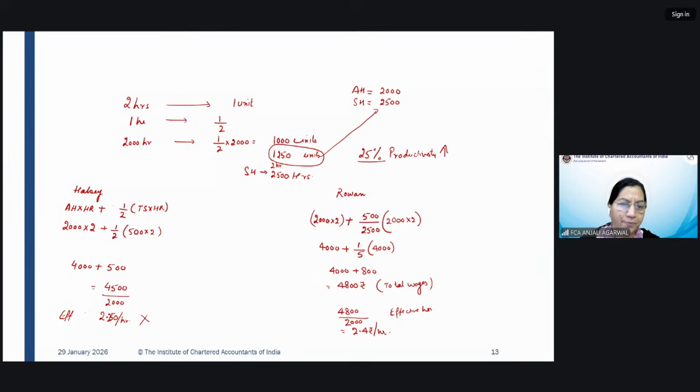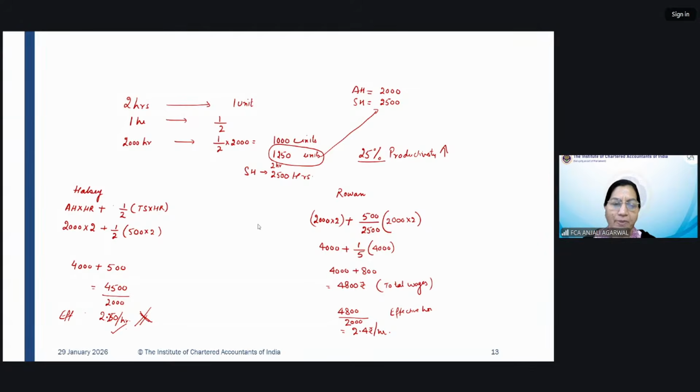No, 0.25, it's only 12.5% increase. The assurance has not been fulfilled here. So if you apply the Halsey plan, the workers would feel cheated. Here, is it 20%? Yes, 40 paisa extra on 2 rupees, that is 20%. So under the Rowan plan, the assurance is fulfilled. Therefore, the applicable scheme would be the Rowan plan.